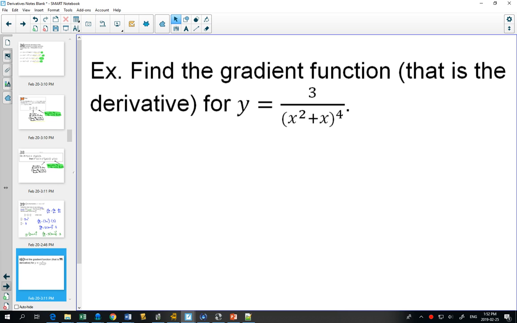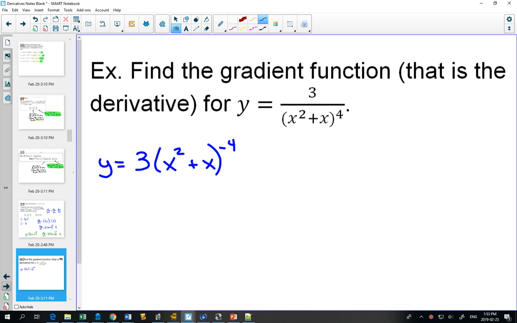I'll show you what I think is the easiest way first. Easier, I would say, manipulate the equation first using your exponent laws to write your power of 4 as a power of negative 4. Does that make sense? And now my outside function is the negative 4. The x squared plus x is the inside. So if I do the derivative of the outside, the negative 4 comes out in front.